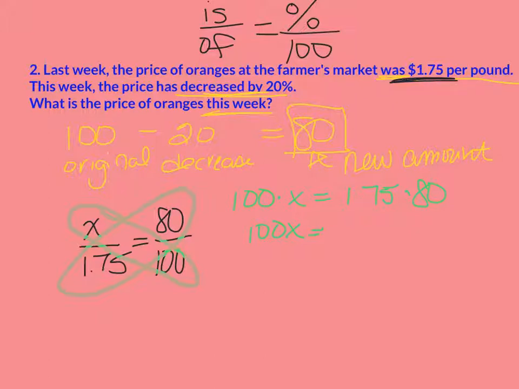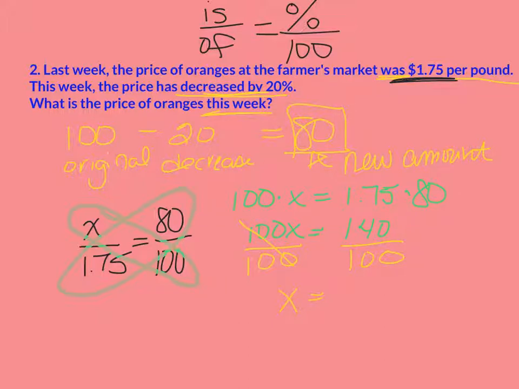Okay, so 1.75 times 80, go ahead and put that in your calculator. You should get 140. And then I asked myself, what's the opposite of times 100? That would be to divide by 100. Divide both sides by 100. I end up with X equals, of course, I always tell you go ahead and use a calculator, but remember in this one, we're dividing by a multiple of 10.